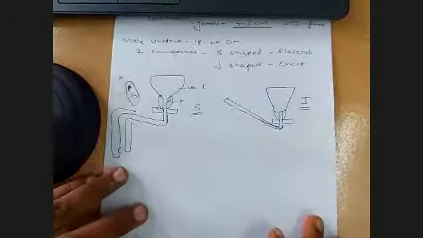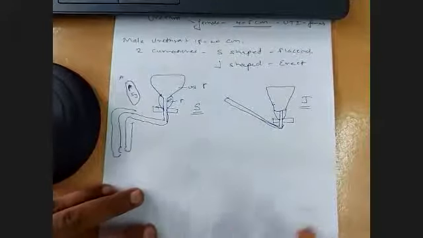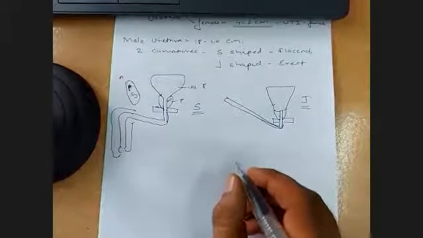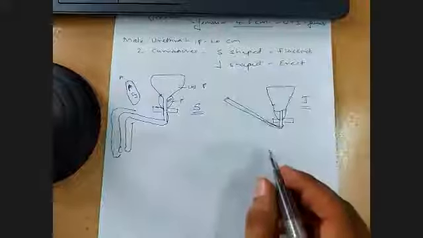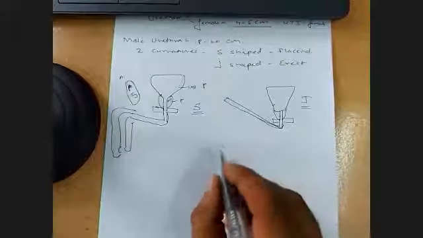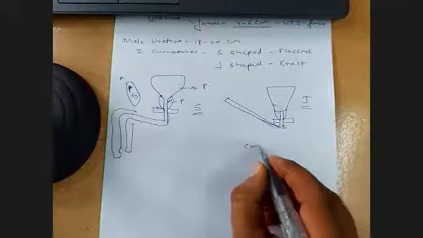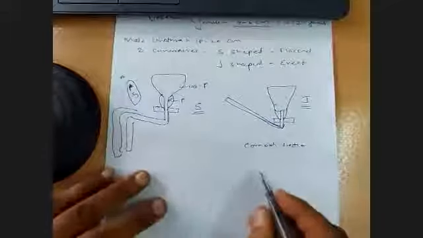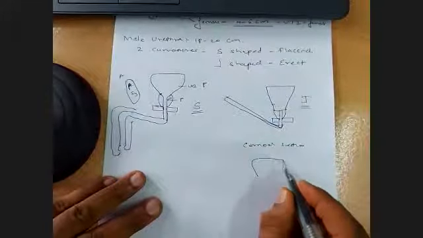There is one more diagram which I would like to draw for you to orient you in a better way. Both of these were sagittal sections. Now we'll draw a coronal section. In the coronal section, this is the urinary bladder.